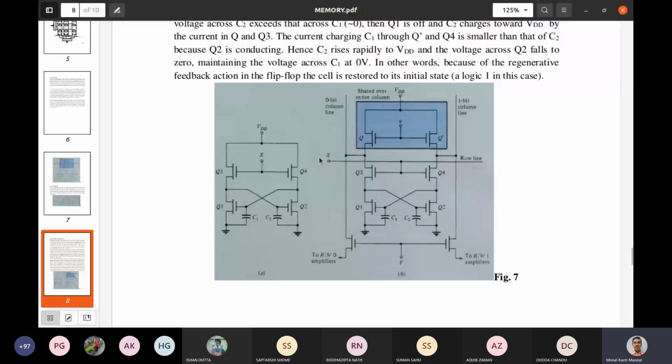That means when you want to refresh, you have to select that particular row and column. Then this current will flow through and charge up C1 and C2.